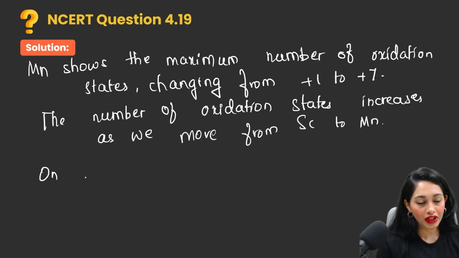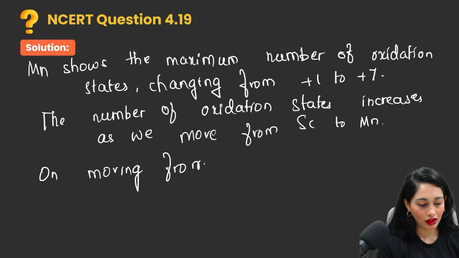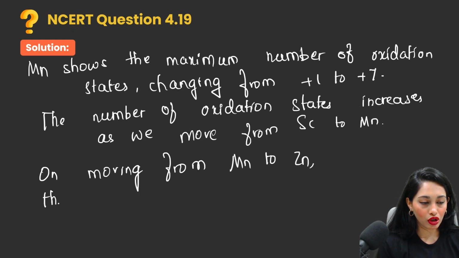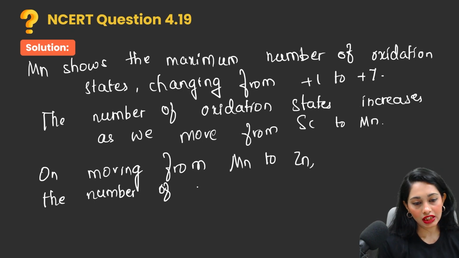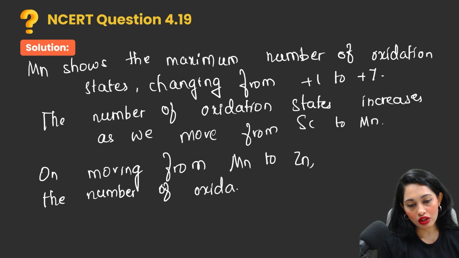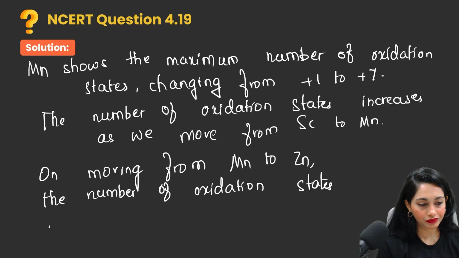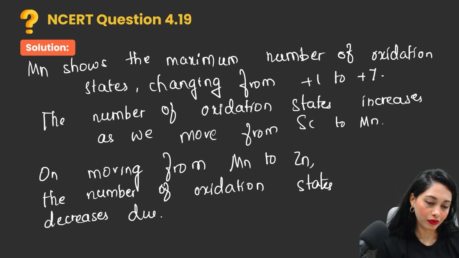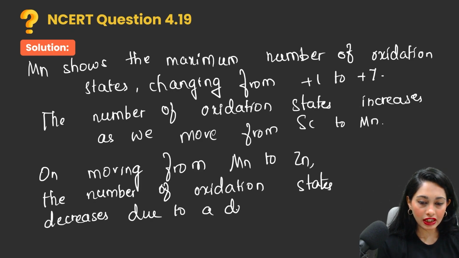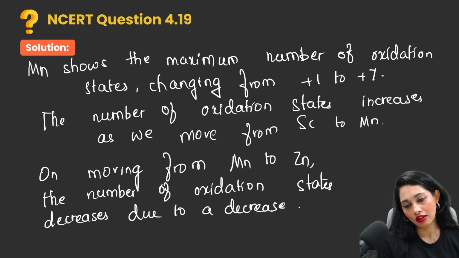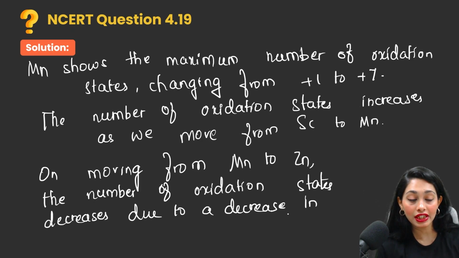So on moving from manganese to zinc, the number of oxidation states decreases due to a decrease in the... why does the number of oxidation states decrease here?